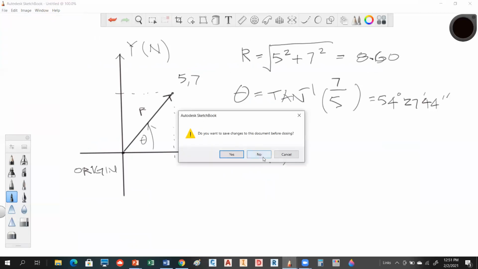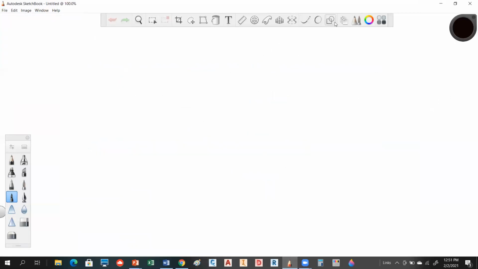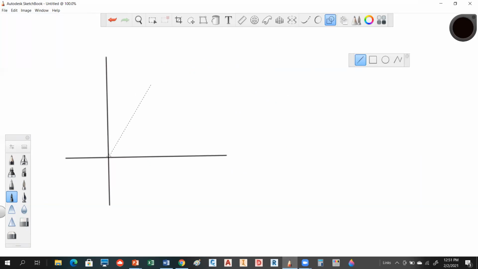Okay, so let me just break this down real quick. I'm going to draw another picture that relates this so you can see what I'm talking about. So if this is my two axes and this is my angle, we're going to say we have an angle like this. So here's a couple things you've got to recognize about this.